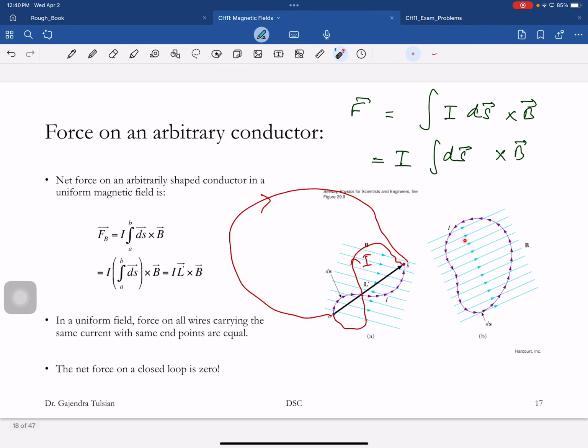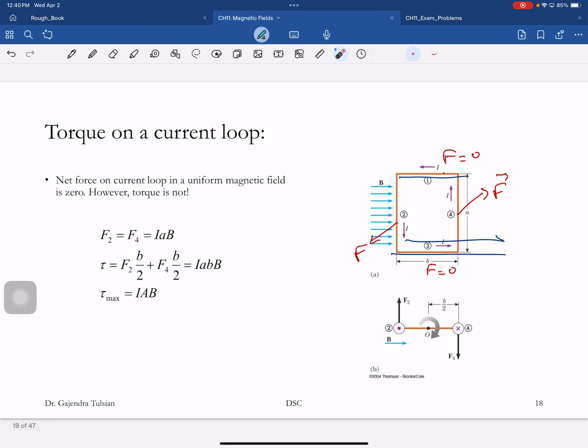You saw that in a uniform magnetic field, the total force on a closed loop is 0. The total force is 0, but the torque is not. So for instance, here is a uniform field, and you have a closed loop carrying a current.